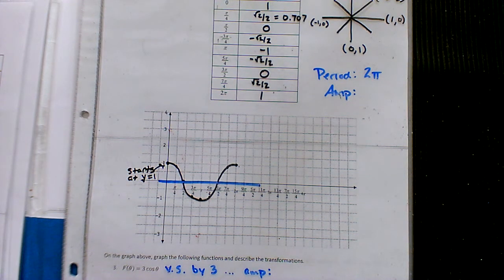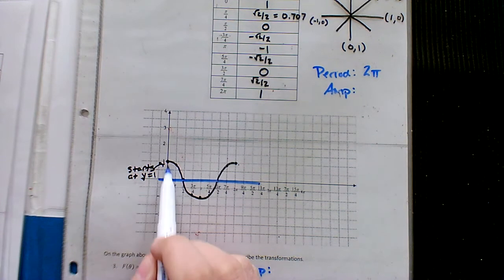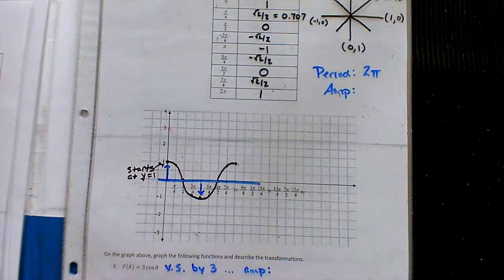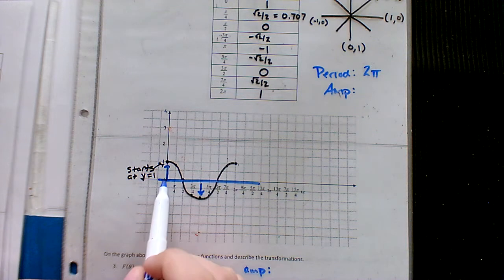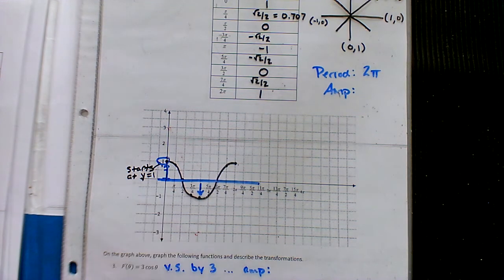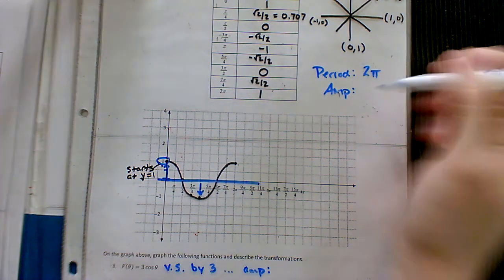What's the amplitude of that cosine wave? How far up or down do you have to go? Oh, it's 2 tick marks, okay, but that just represents a distance of 1, okay? All right, so our amplitude is 1.